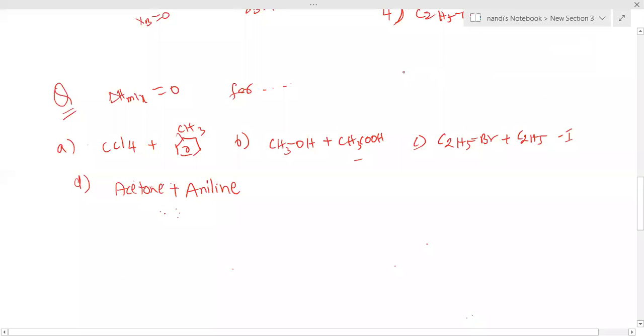Fine, your answer is C, because this is the only ideal solution among the given options. In an ideal solution, delta H mixture equals 0.